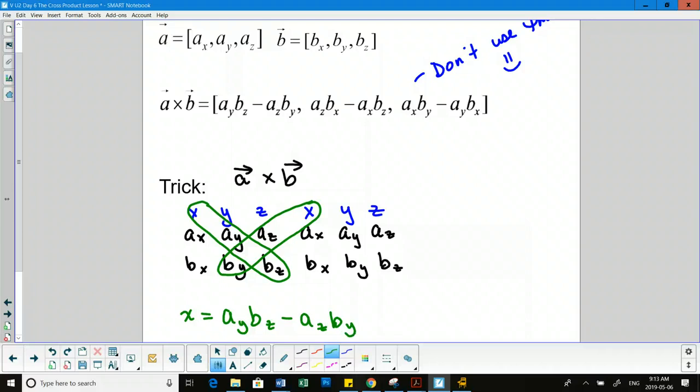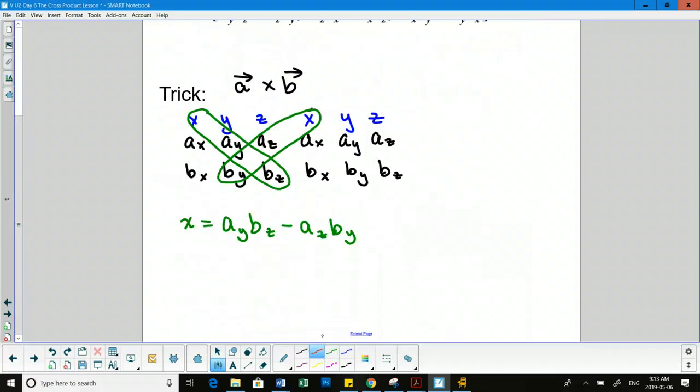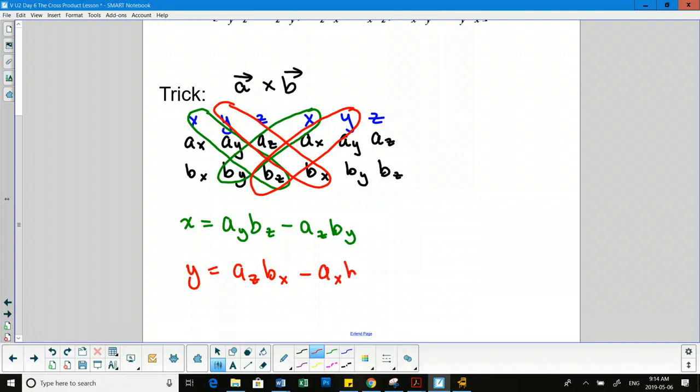The y component of this is going to be this first diagonal, which is AZ BX, minus this second diagonal right here, so AX BZ. And the z component, actually I'm going to use purple for this one.